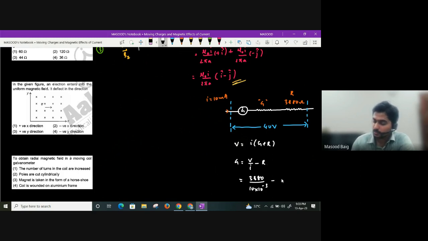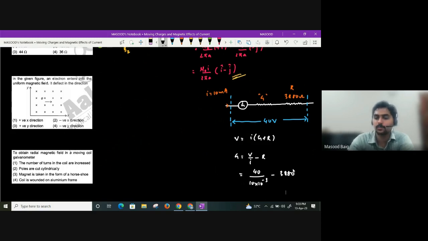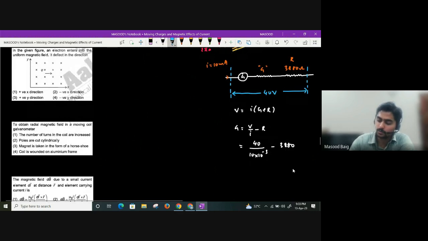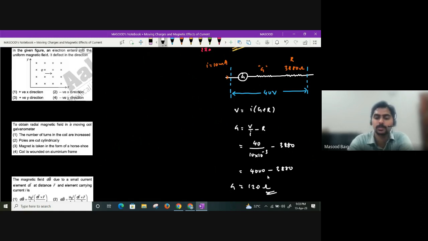So will I get 10 power minus 2 in the denominator? 10 power minus 2 in the denominator means it will become 10 power 2. 4000 minus 3880 you will get, which will be 120 ohm. So the resistance of the galvanometer should be 120 ohm. Clear everyone?